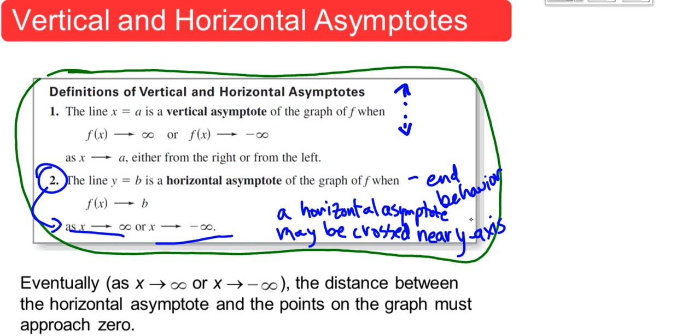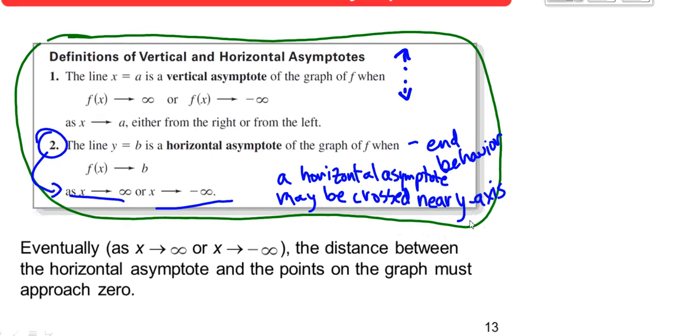The reason is I know that you will have to know that as well. And so here's the deal. Eventually, as x goes to positive infinity or x goes to negative infinity, the distance between the horizontal asymptote and the points on the graph must approach 0. And so they kind of get close to that as we look at that.